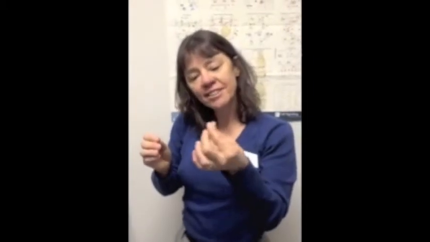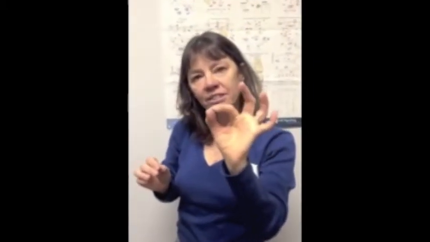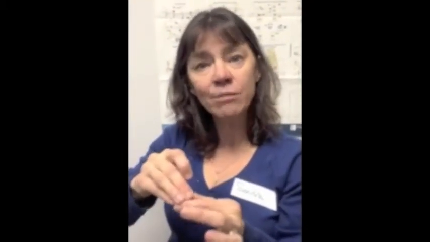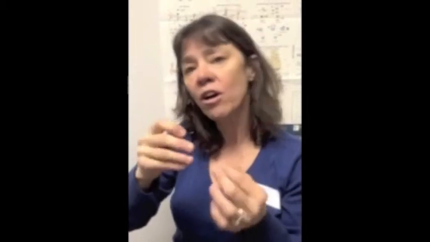For the microdialysis experiments, we surgically can implant a guide cannula like this into specific regions of the brain, and we can be very specific in our placements of those, so we know exactly where we are.